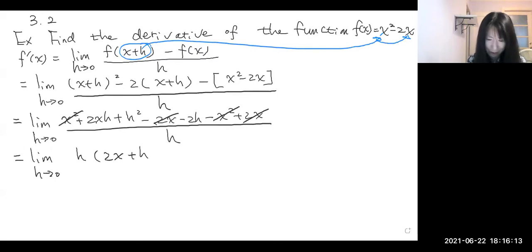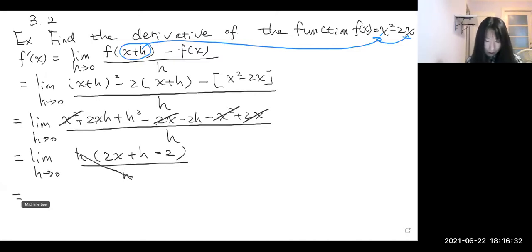We have a 2h there, minus 2. Okay. All right, then let's see. h over h is one. The limit as h approaches 0.